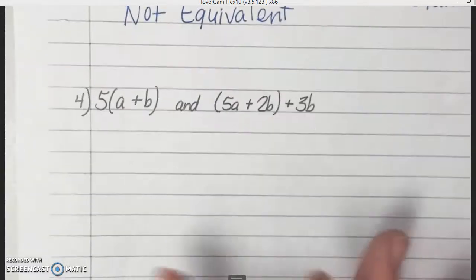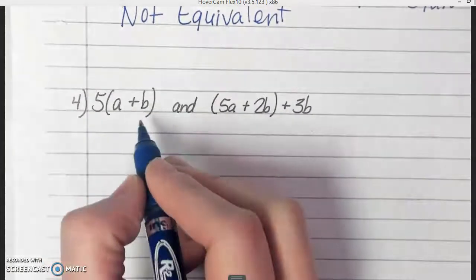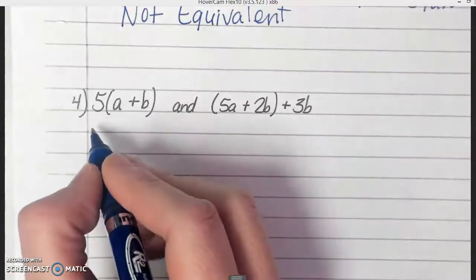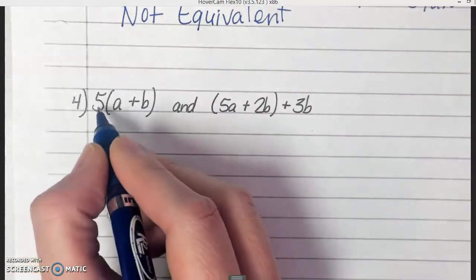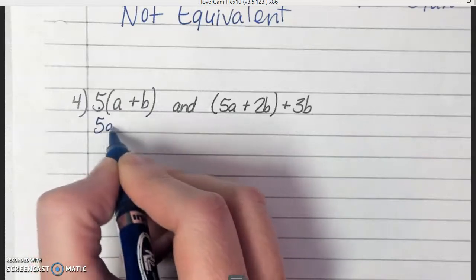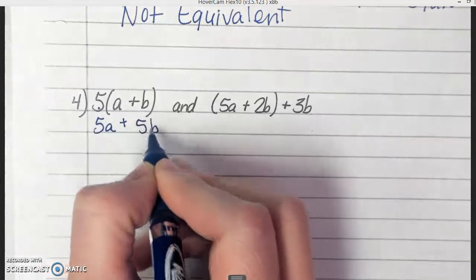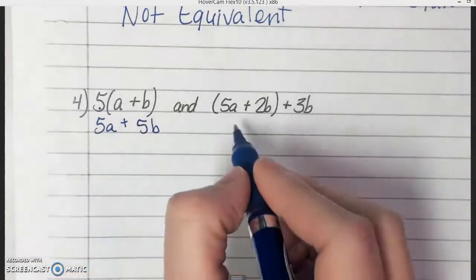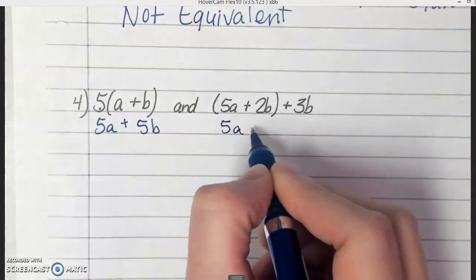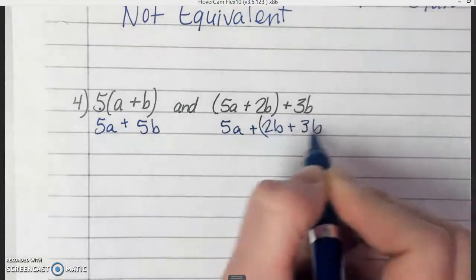All right, look at number 4. So we're probably going to have to work with both of these. So let's go ahead and use the distributive property here. So we're going to say 5 times a, which would be 5a, plus 5 times b, which would be 5b. All right, so over here, I've got 5a plus 2b plus 3b. So let's put these together.